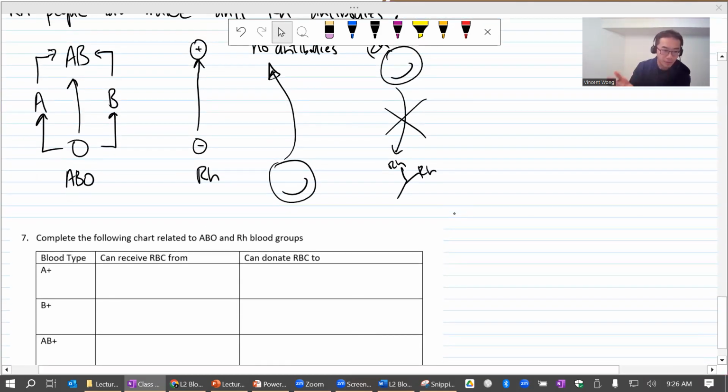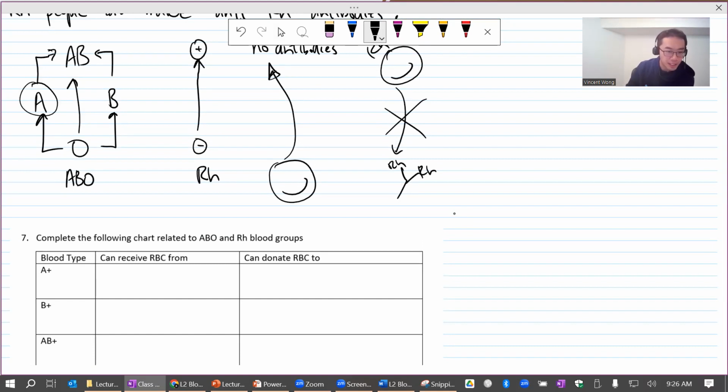You should look at them separately, okay? So let's look at the A first. Who can A receive from? A obviously can receive from other A's, right? But they can also receive from O. Whatever arrow is pointing at them means it is compatible.